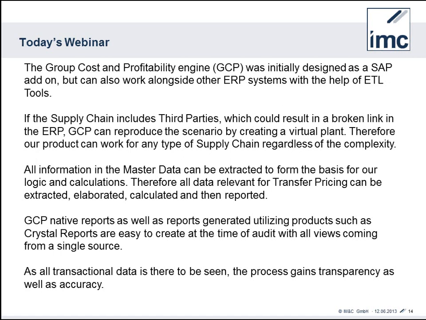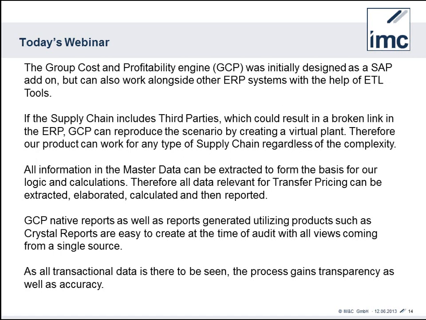So if in the basic end-to-end transfer pricing process you have something particularly complicated, because a product goes out to be worked on by a third party and then comes back, there is an element of profit somewhere there that can get lost.